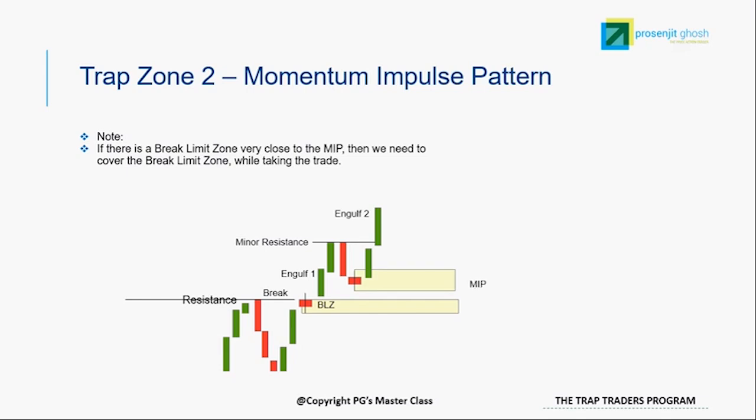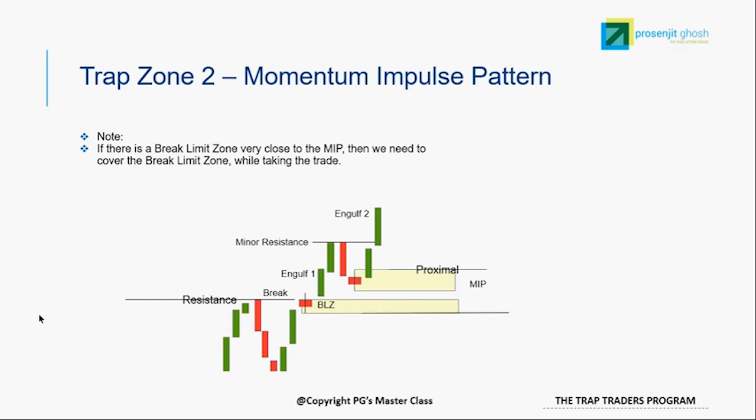By this, MIP got created because this is my engulf number 1, this is my engulf number 2, and the drop based rally is also there. Now look what happened. Price didn't give you a fill in the break limit zone at all. But this MIP has been created very near to the break limit zone.